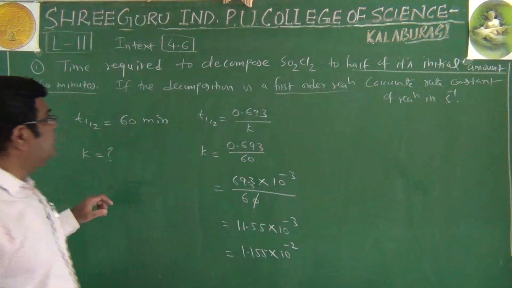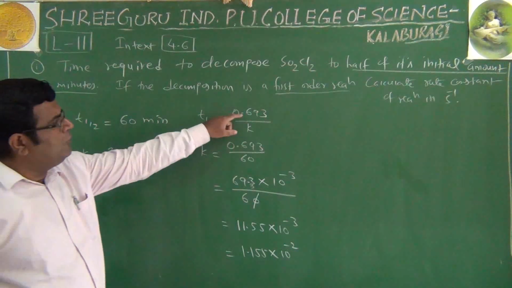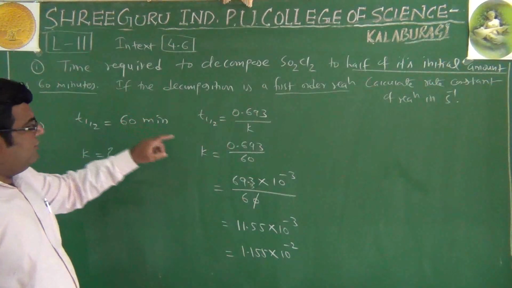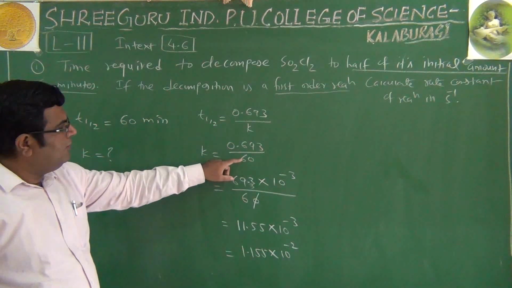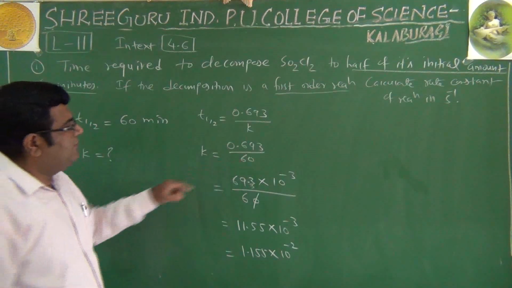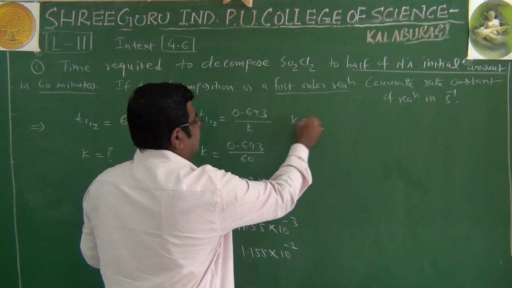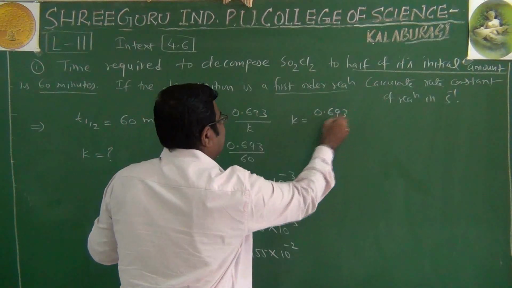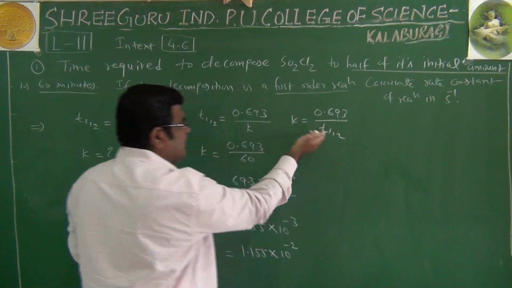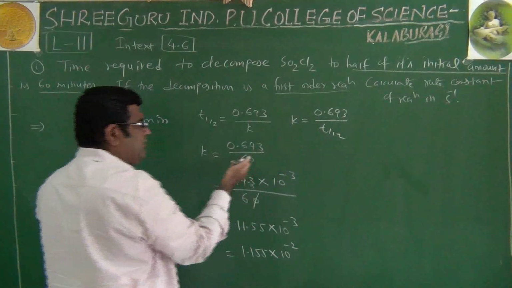But what is the unit? 0.693 is a number, it has no unit, and T half has the unit minute. I think you know this, K is 0.693 by T half. I have substituted T half as 60.